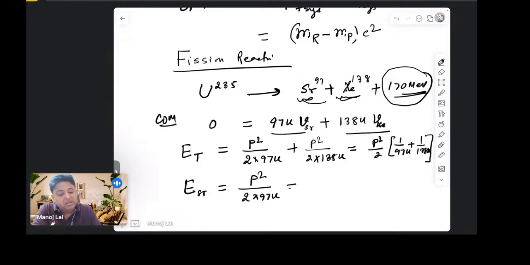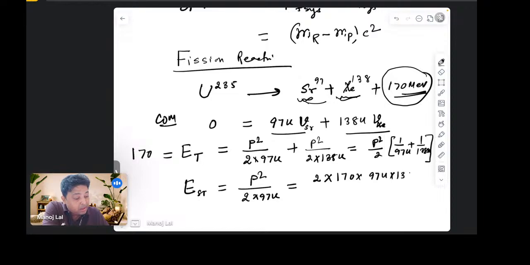To put the value, how much is this? This is given as 170 mega electron volt. So P square will be 2 into 170 into 97 u into 138 u upon 97 u plus 138 u, into 2 into 97 u.